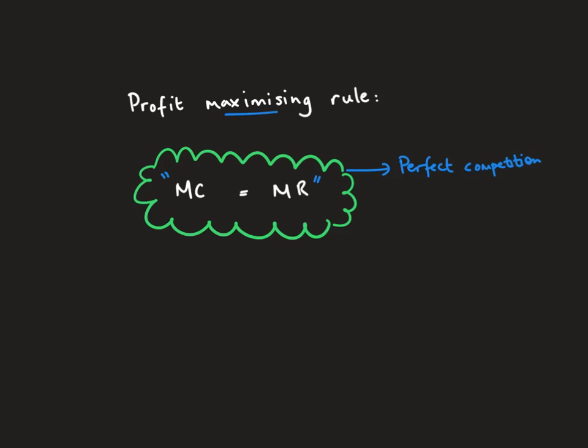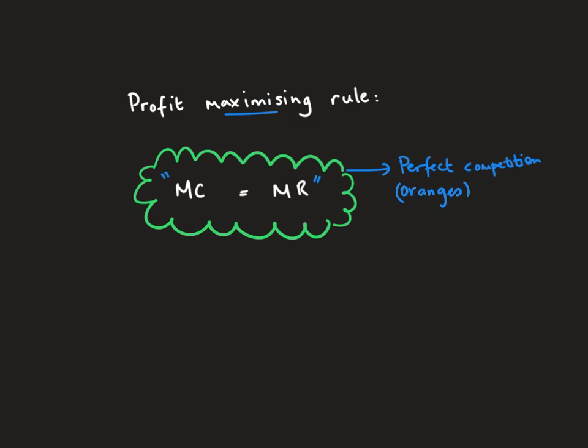If you recall from my very first video on elasticities, I mentioned that a firm in perfect competition is, for example, in an industry that sells a very standardized product like oranges, where there's always competition based on prices.